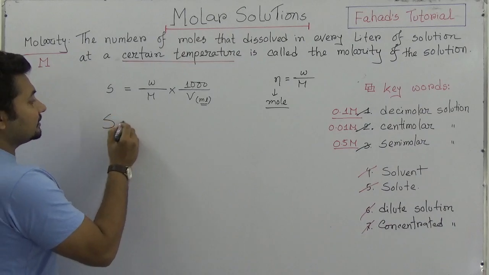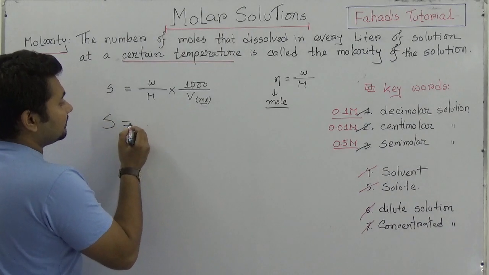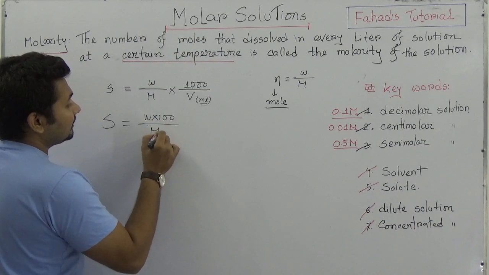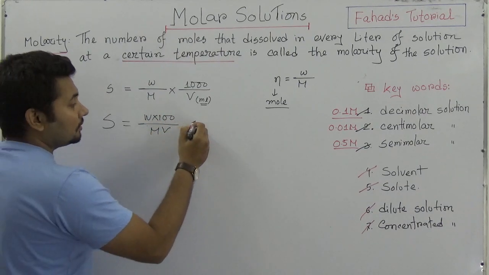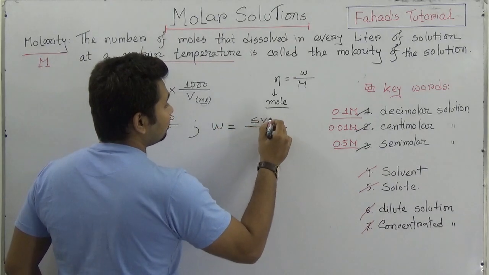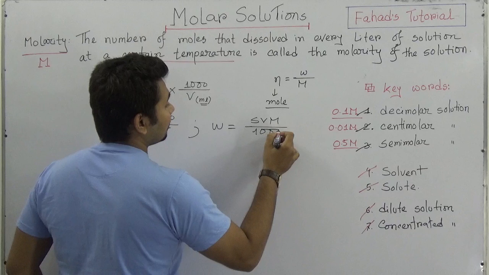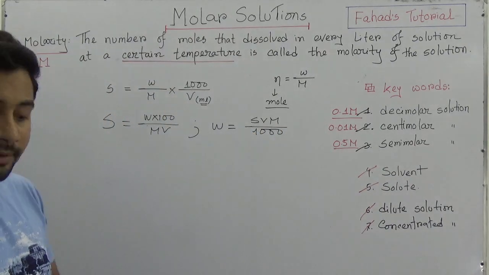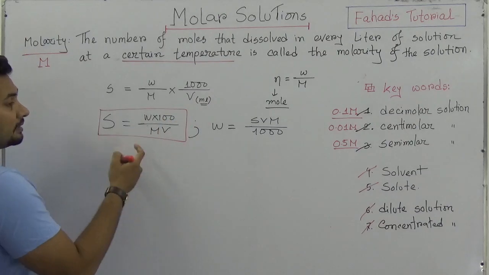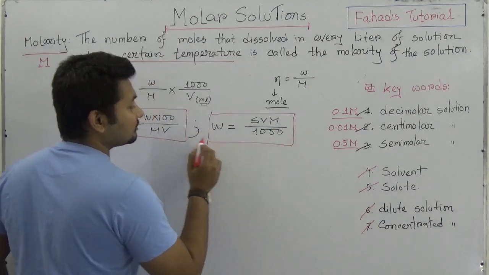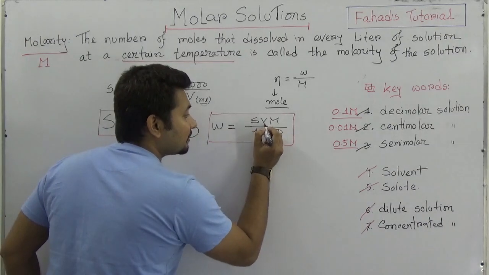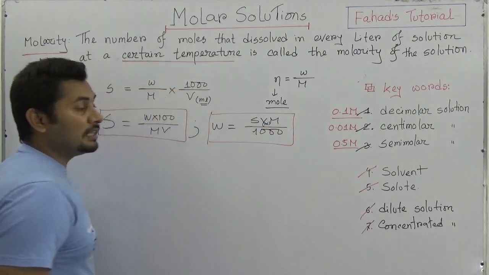We can say S equals W times 1000 by MV, or W equals SVM by 1000. You can remember it either way. But you must remember this V should be in milliliter.